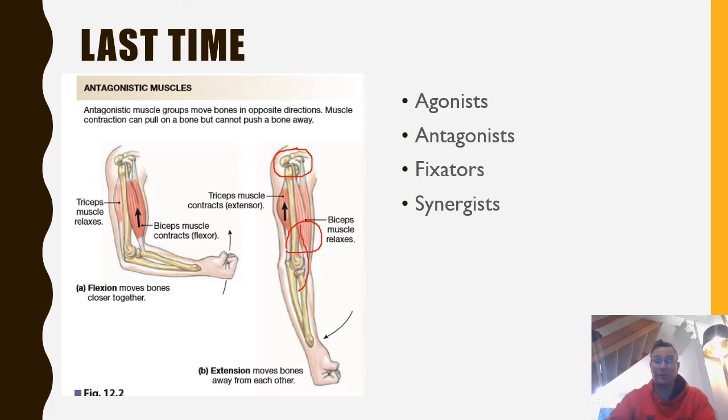Really strong, actually, probably the more powerful flexor of the elbow. I would consider that to be a synergist. We have a muscle called brachioradialis, which runs down here. If you can see me putting that in green, which again is a weak flexor, but also helps stabilize the forearm, and so that would be a really classic synergist of that bicep curl.